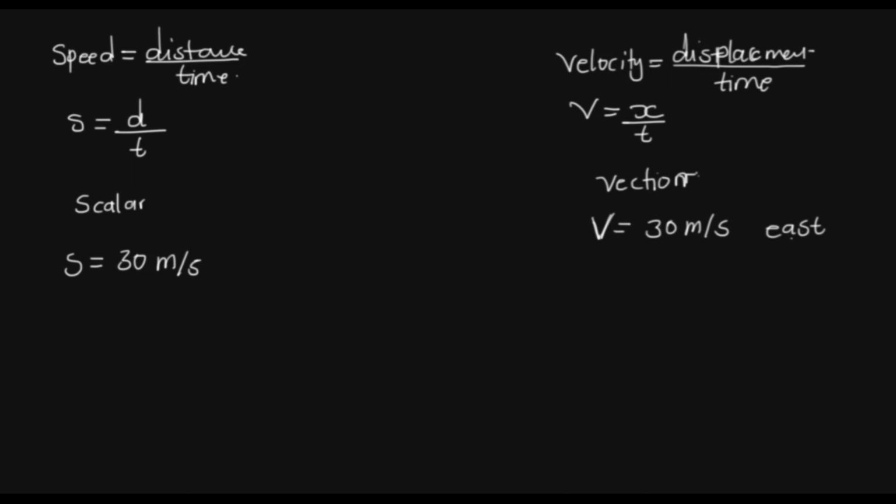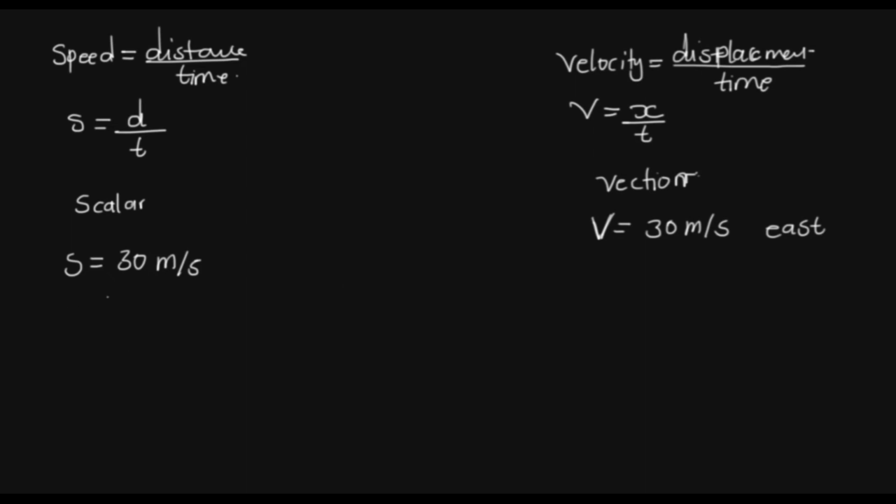As long as we have been given the direction, we are dealing with what we call a vector quantity. These two, speed and velocity, are measured in the same SI units, meters per second. So the only difference is that one is a scalar, and the other is a vector quantity.